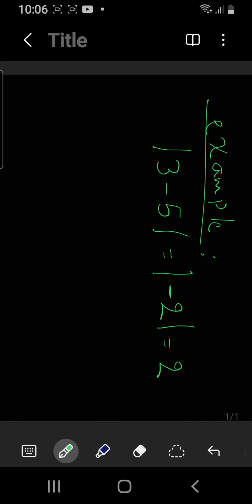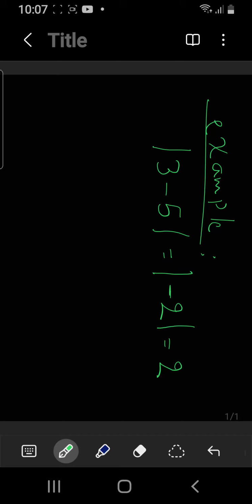The absolute value has just one value, it is a positive value. Okay, is it positive value? Always.